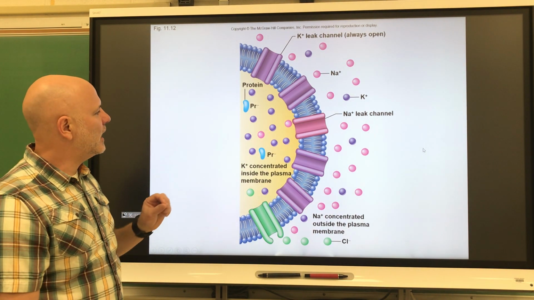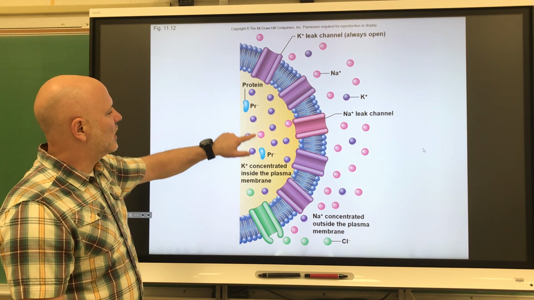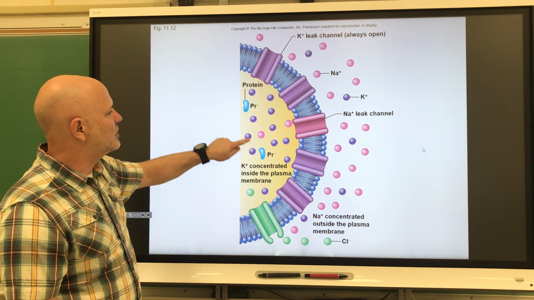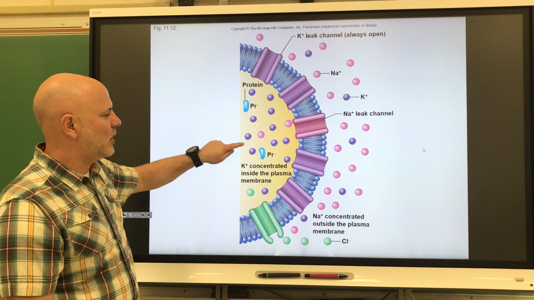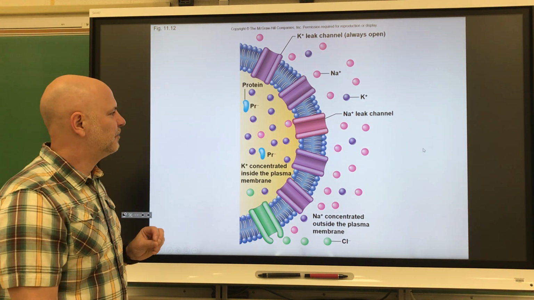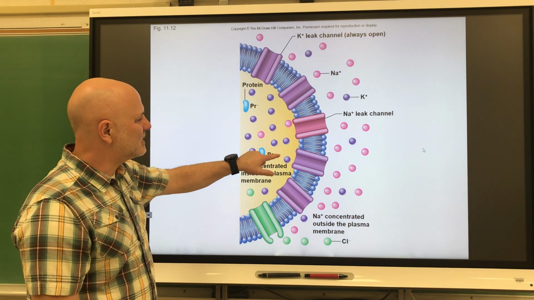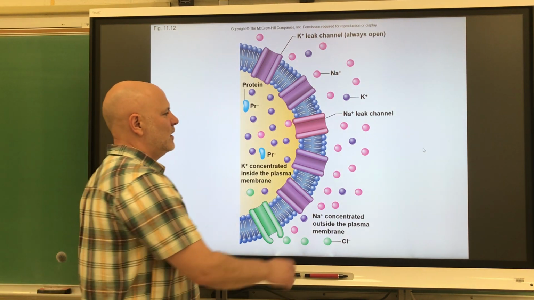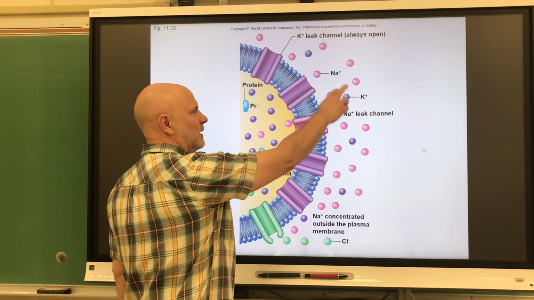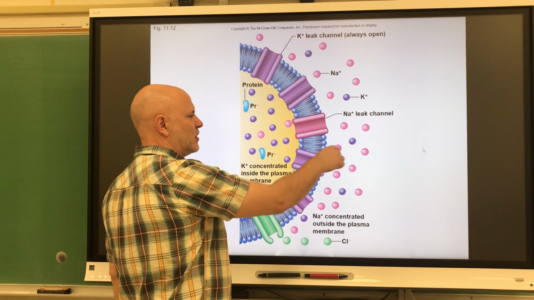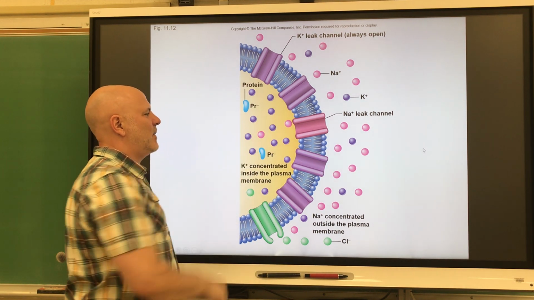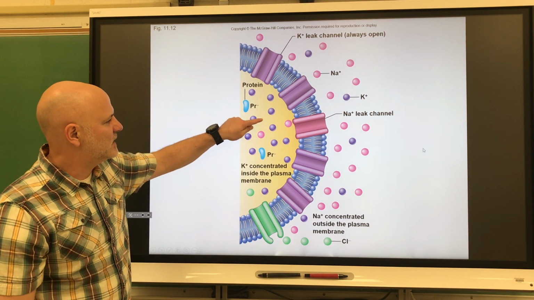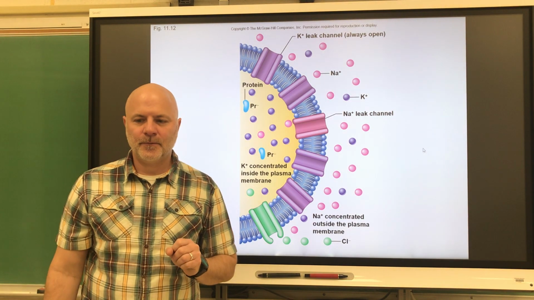But we also have, and they're not showing a lot of these, a large number of negatively charged proteins inside of the cell. What that does is make the inside of the cell negative. So positive outside, a lot of sodium outside the cell, but because of these negatively charged proteins inside, inside is negative.